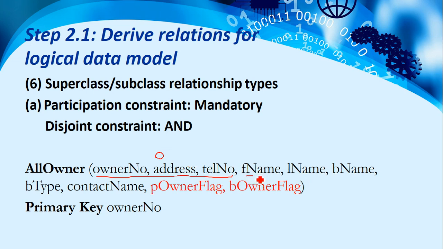Itong F name, L name, this is from the private owner. Tsaka yung B name, B type in contact name, this is from the business owner. And then take note also, we have additional, itong nakapula dito, yung P owner flag and B owner flag.